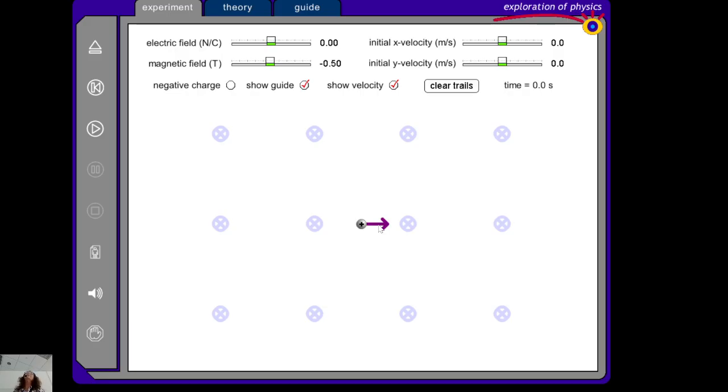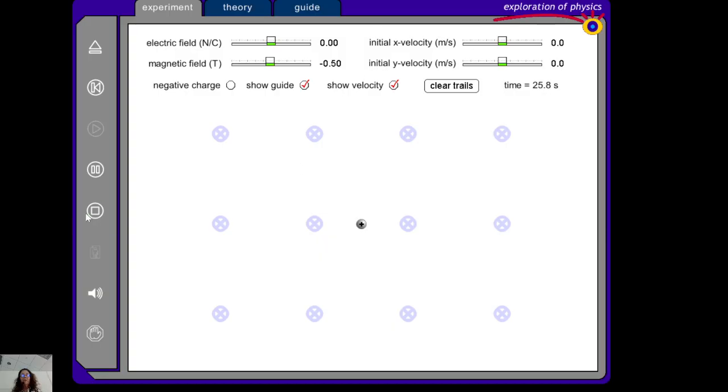Can we have a magnetic force if the charge is not moving? No, very good. It has to be moving. There is no velocity, no magnetic force. So it's not like an electric force. If it's not moving, there is no force. It has to be moving.